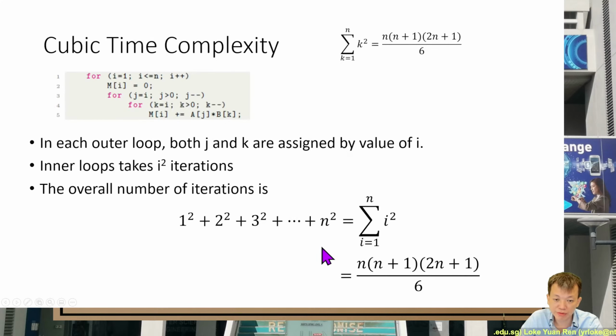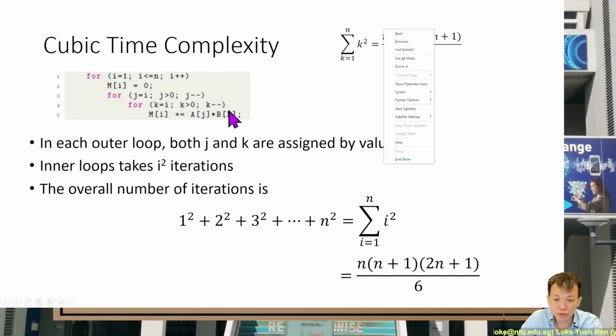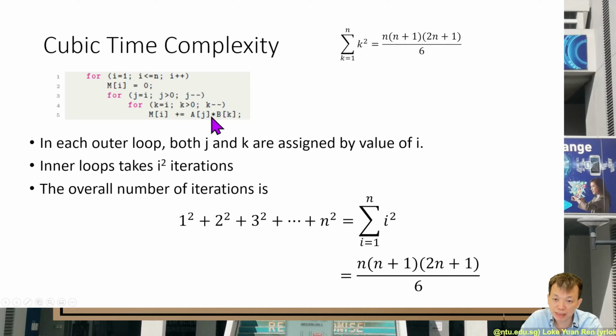Here we focus on how to use them. One of the examples is this one. For example, I have 3 for loops here, a nested loop. Inside it is trying to do the multiplication.